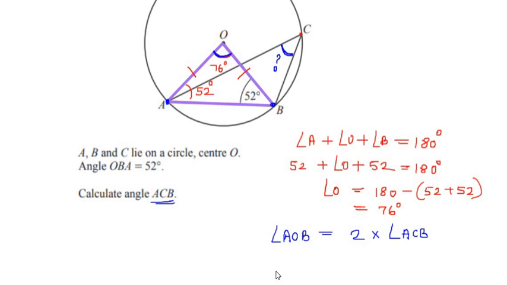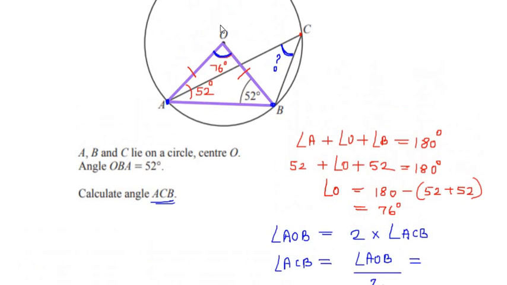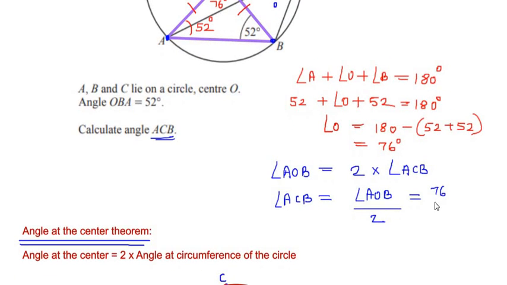Hence we can rearrange this and write it as angle ACB is equal to the angle at the center AOB divided by 2. So this 2 goes on the other side. The angle at the center we have already found out, that is 76 degrees. So it becomes 76 degrees over 2, which is 38 degrees. So this is the angle at the circumference. So we get the angle ACB as 38 degrees.